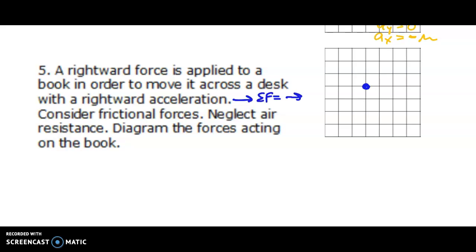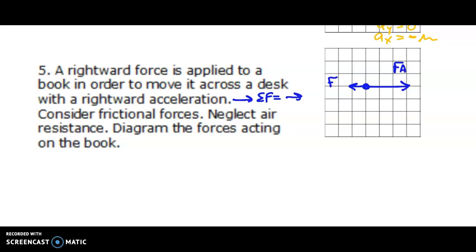Now they say consider frictional forces. Frictional forces acting on something sliding across the desk are going to act parallel to the desk and backwards in this case. So maybe this is an applied force, a catch-all term for force of a hand pushing or something like that. And then there's going to be a frictional force back here like this.